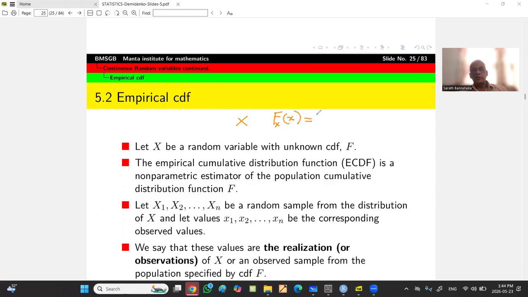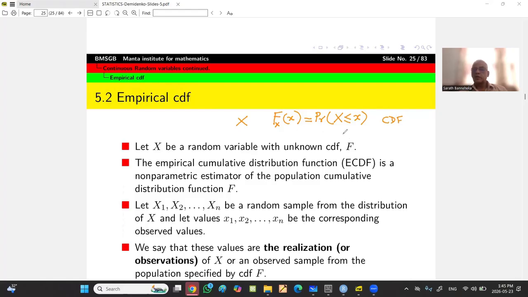By definition, this is equal to the probability that capital X, the random variable, is less than or equal to small x. So that is the theoretical cumulative distribution function, CDF.